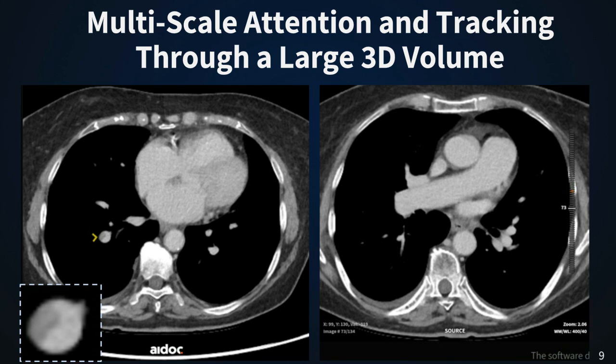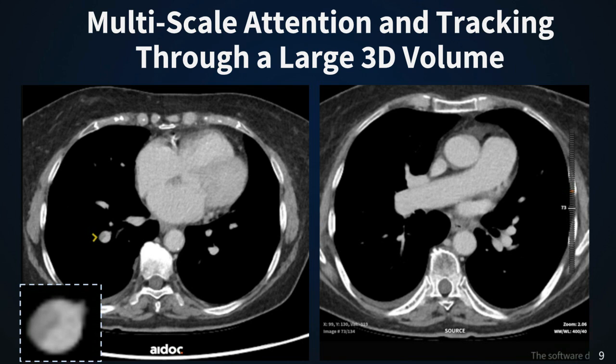So how were we able to solve this challenge? We did it by doing two things, among others, but I want to focus on two things. First of all, we steered the attention of our algorithm to zoom in on the suspicious artery. So in the bottom left corner, you can see a zoomed in image of the artery that the algorithm suspected of containing PE.